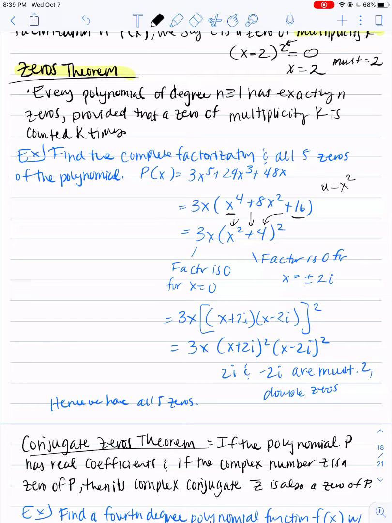So I can write 3x times (x plus 2i) squared times (x minus 2i) squared, distributing the square to both. So 2i and negative 2i have multiplicity 2, and they're double zeros.